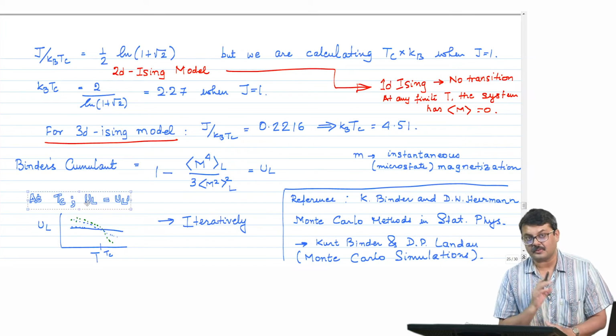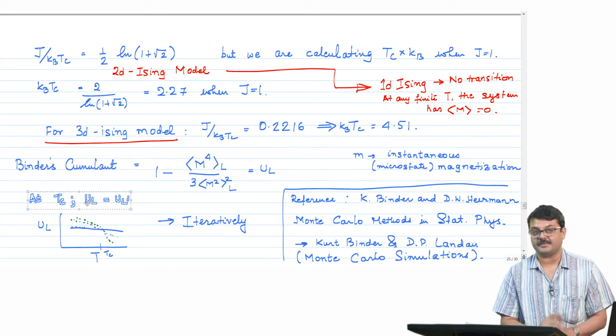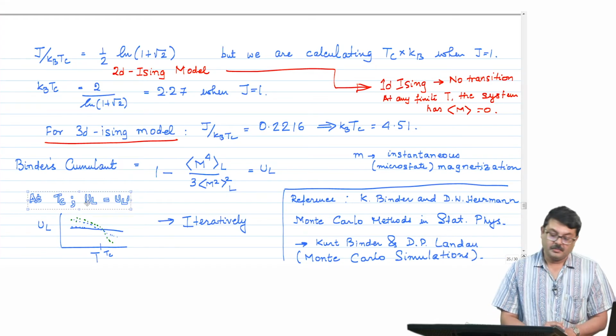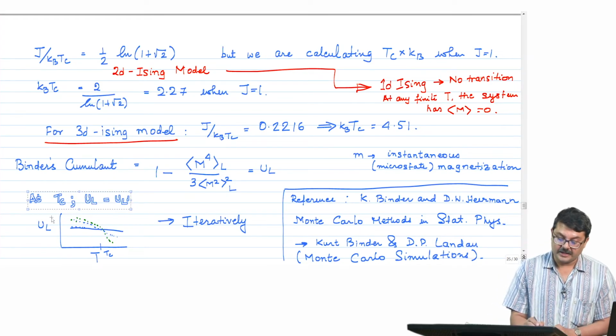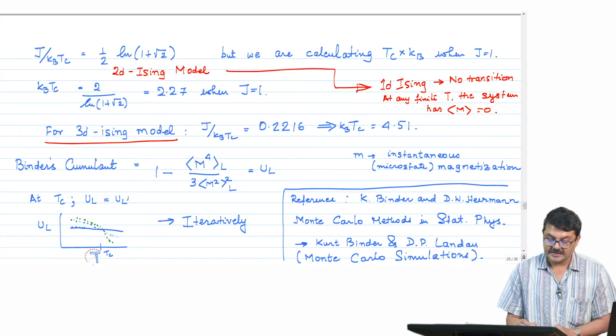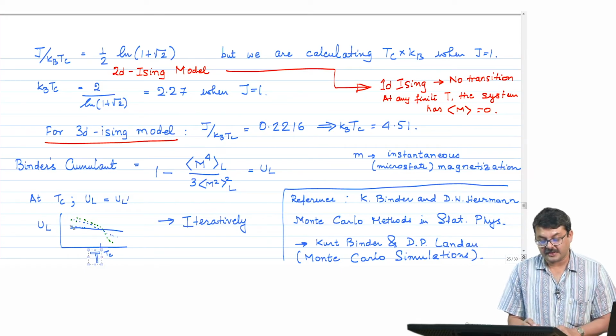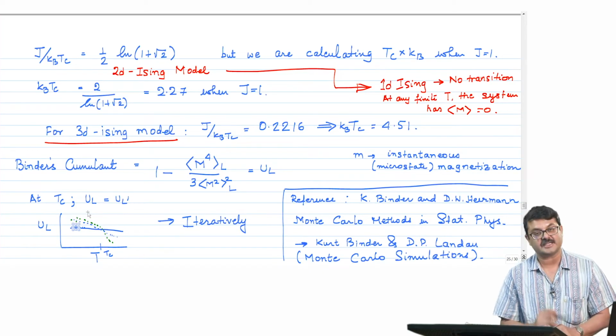As I said before, where and why this happens, we are not discussing this, that is outside the scope of the course. But what you could do is calculate U of L versus the temperature for different box sizes near the critical point. So, suppose this blue line and the green line and the dashed line are for different box sizes.